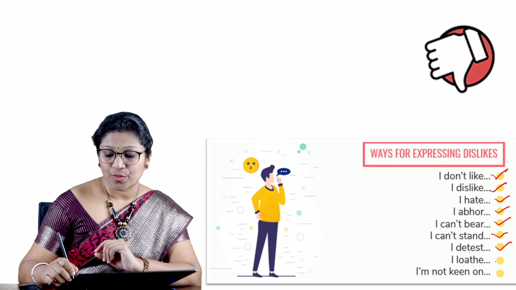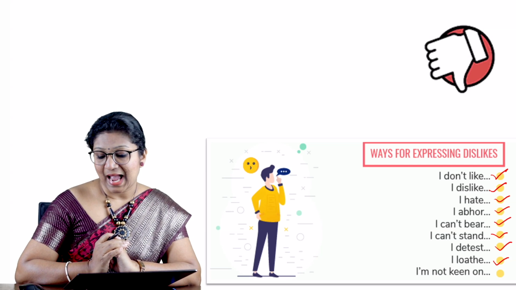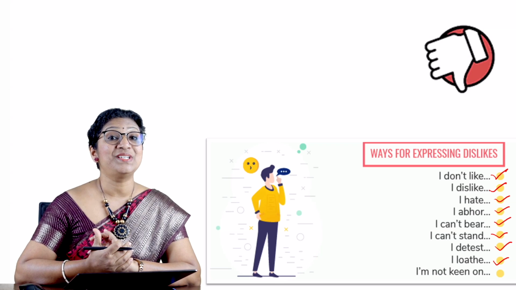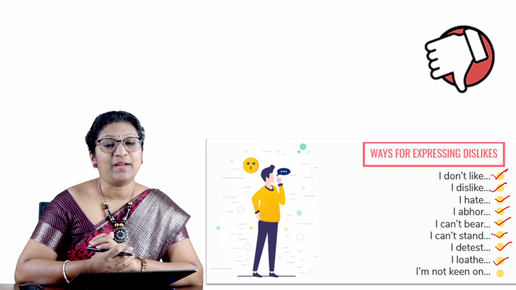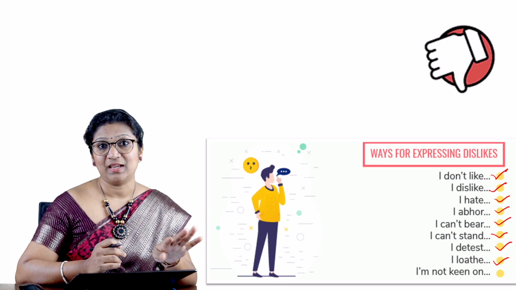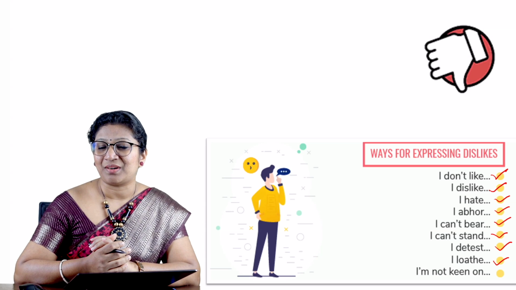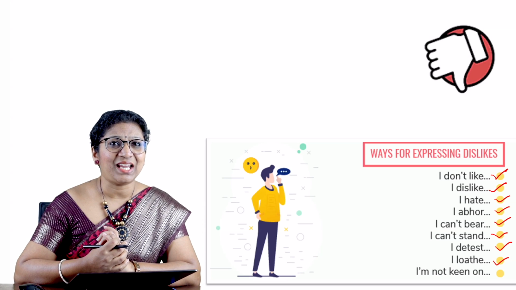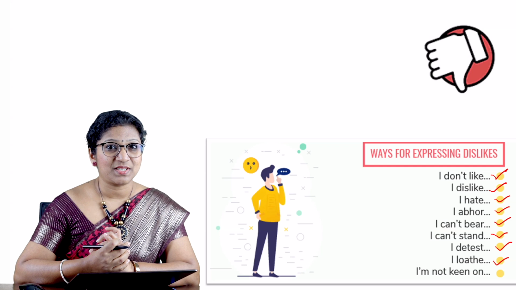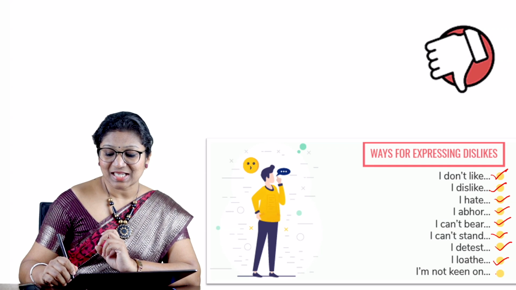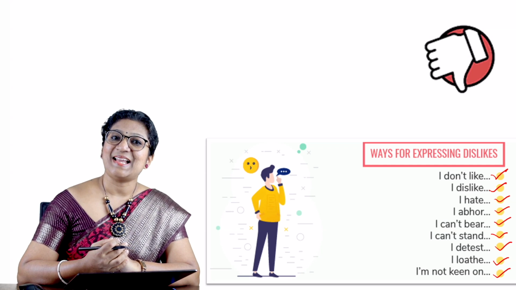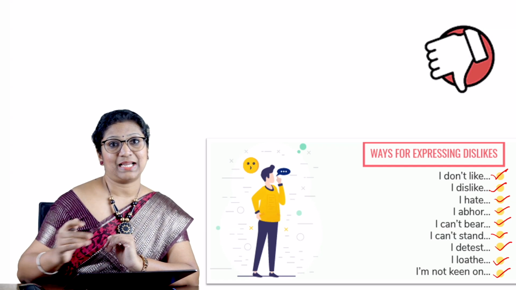Or I loathe. And maybe you can also use I'm not keen on. Like for likes we say I'm keen on something. For dislike you can say I'm not keen on. I'm not very keen on playing video games. So these are some of the phrases that will help you express dislike.